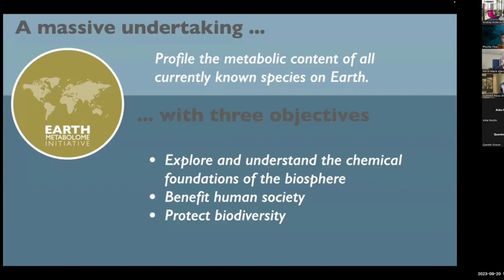The idea is to profile the metabolic content of all currently known species on the planet. As you can imagine, this should keep us busy for some time, and it will require a vastly coordinated and global effort. There are three main objectives: to advance life science, benefit human society, and protect biodiversity.